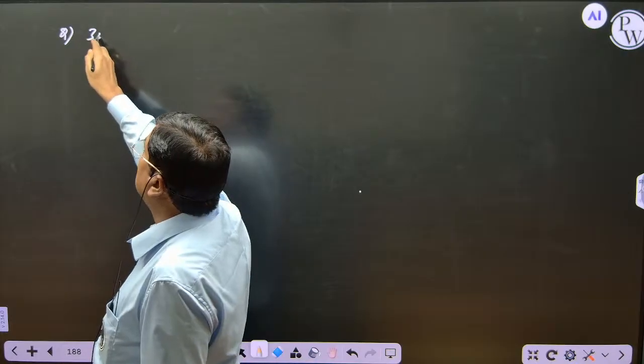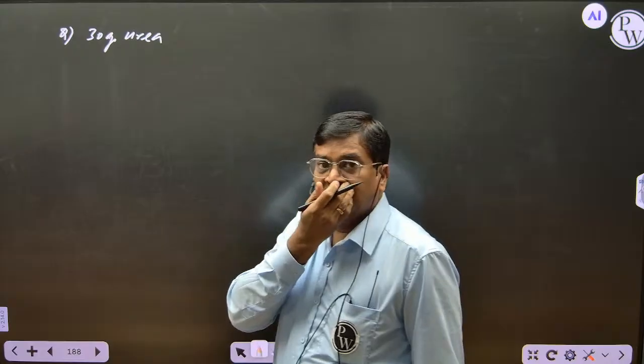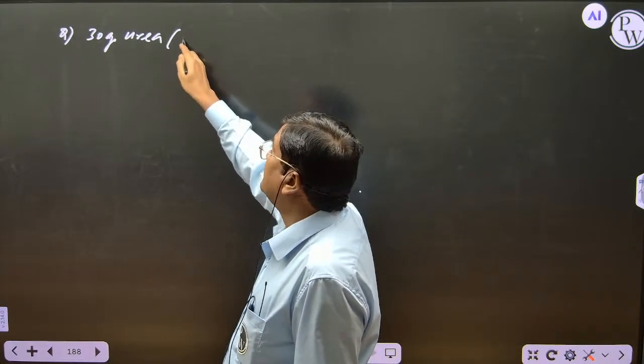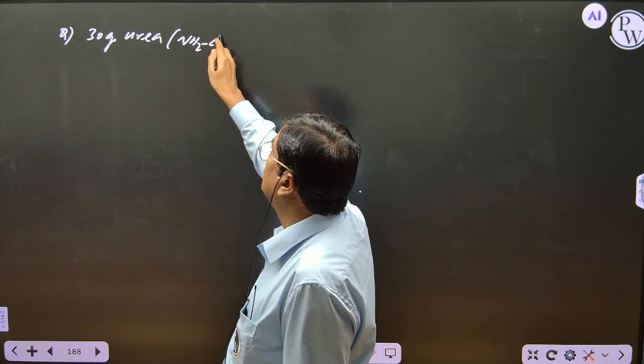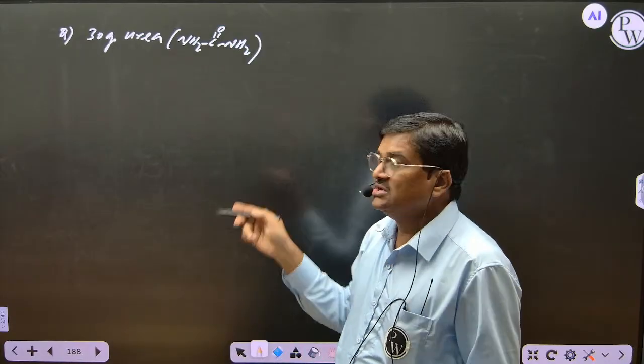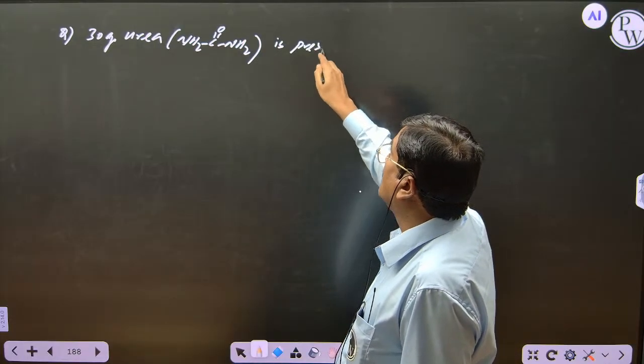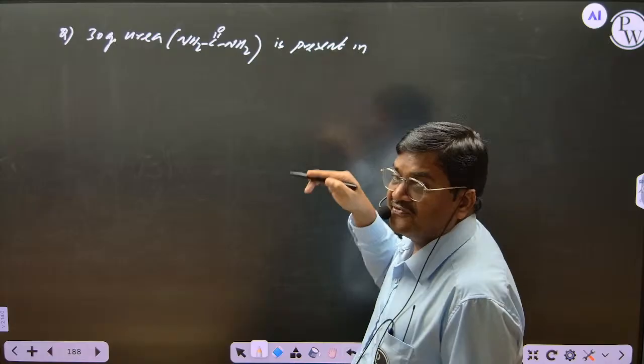30 grams of urea. Urea, you know, it is used in fertilizer. What is the formula of urea, students? NH2 CONH2. This is urea. It is a non-volatile solute, present in 45 grams of water.